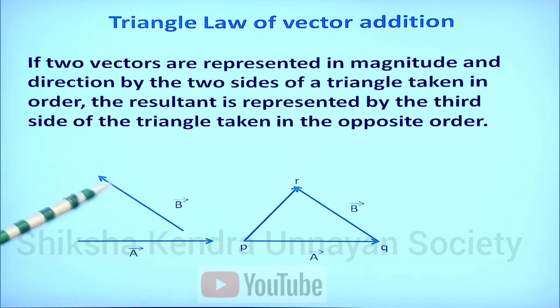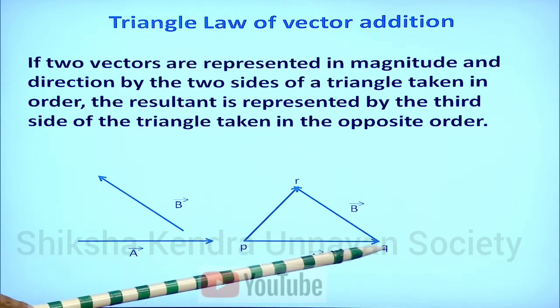Similarly, vector B is represented by the side QR, which is the same in length and parallel to vector B. So, PQ is represented as vector A and QR is represented as vector B. According to the law, the two sides of a triangle are represented by the two vectors A and B, and they are in the same order.